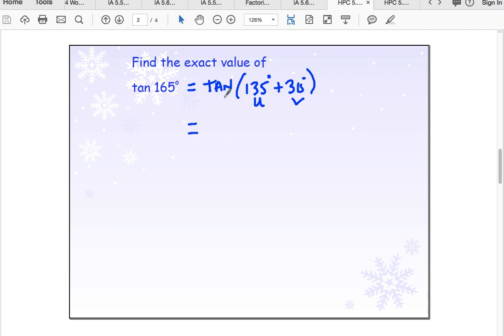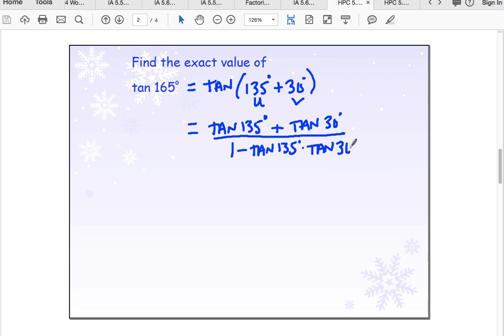So look at your formula sheet for the formula for tangent U plus V. It says we're supposed to do tangent of U, so tangent of 135 degrees, plus tangent of V, so tangent of 30 degrees, divided by 1 minus tangent of U, so tangent 135 degrees, times tangent of V, tangent of 30 degrees.